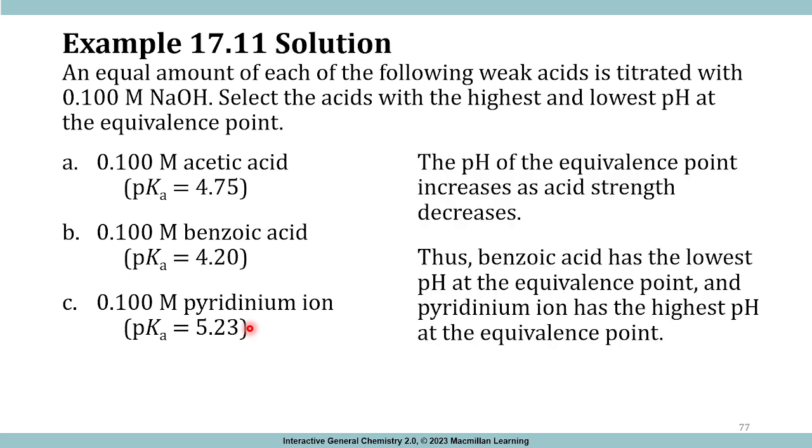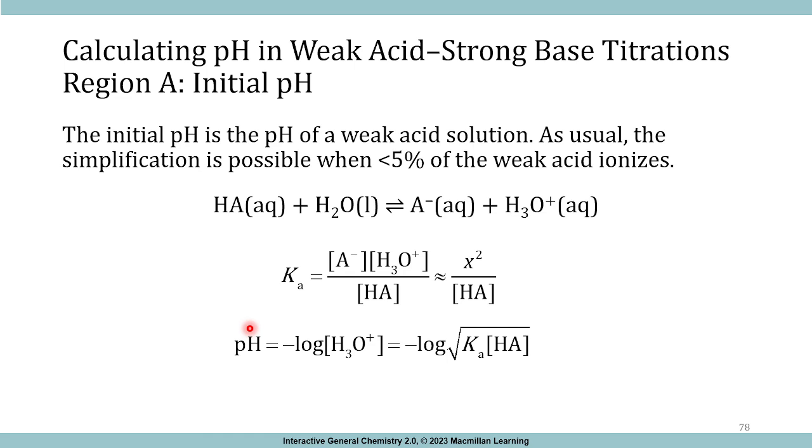All right. So let's calculate the pH in the weak acid strong base titrations for region A. Now, at this region, this is actually just an ICE problem, okay? I'm going to show you quick and easy formulas for this that can really make your life faster. But to be honest with you, I never bothered memorizing any of this when I was in your situation.